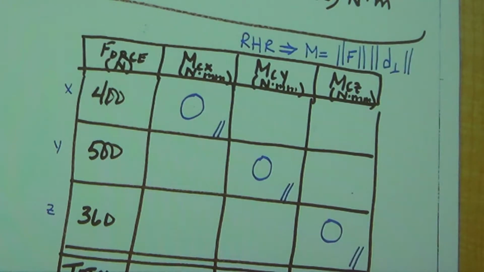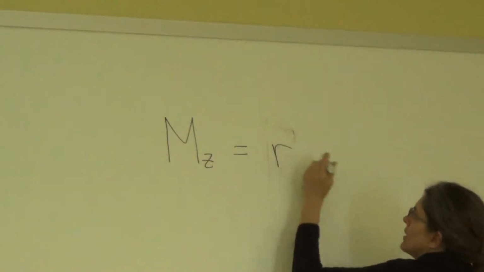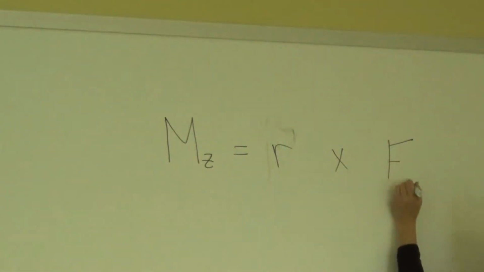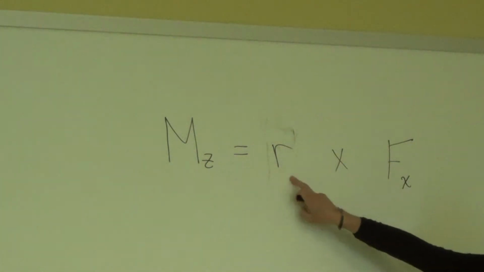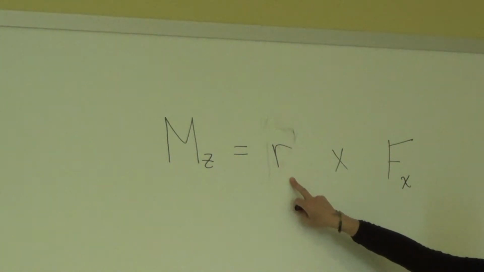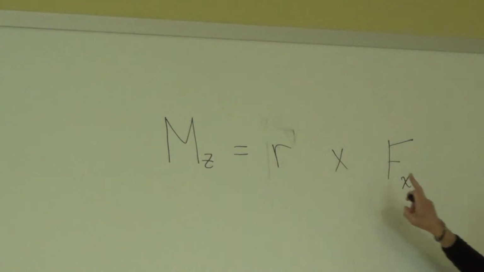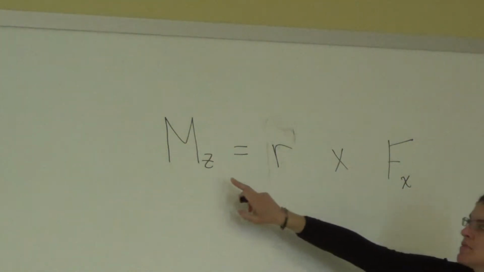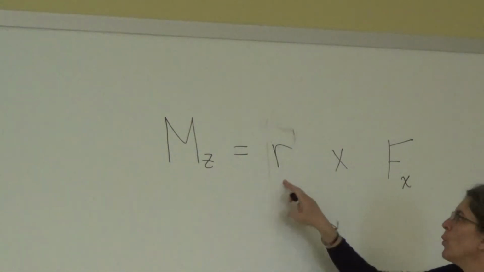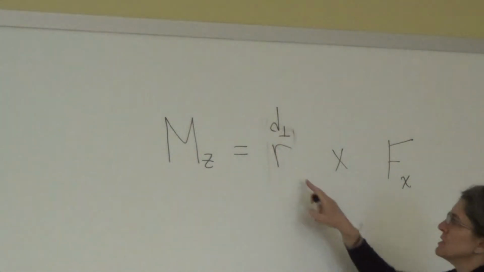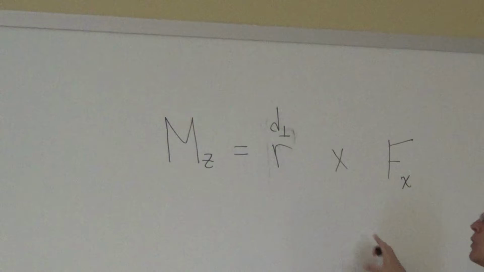If you want to find the moment in the z, R cross F, and the F is in the x, what direction is the R going to be in? If the force on the system is in the x direction, and you want to find the moment about the z, what is this perpendicular distance going to be in? The y.